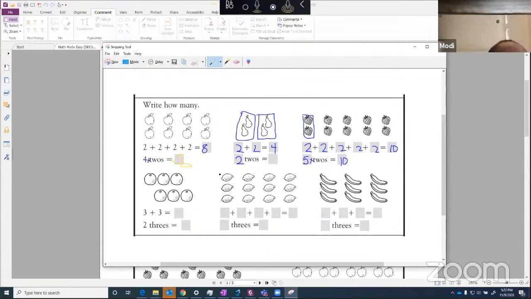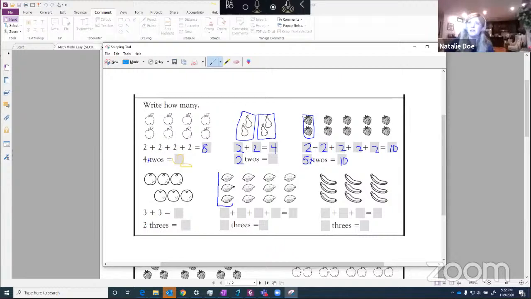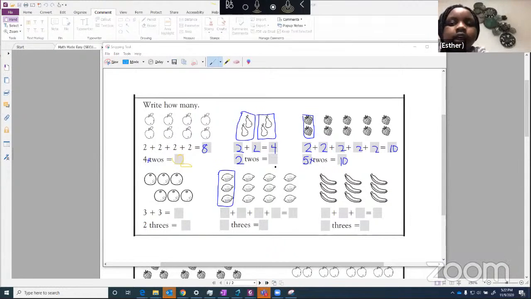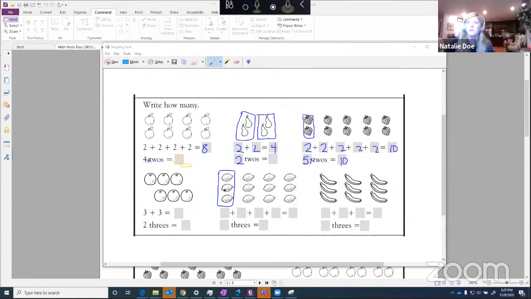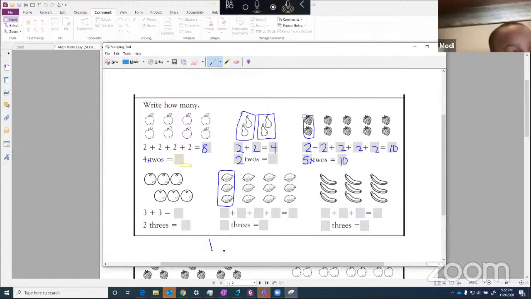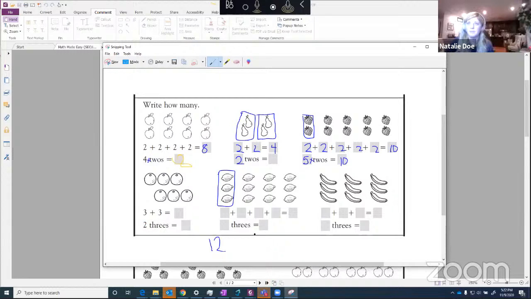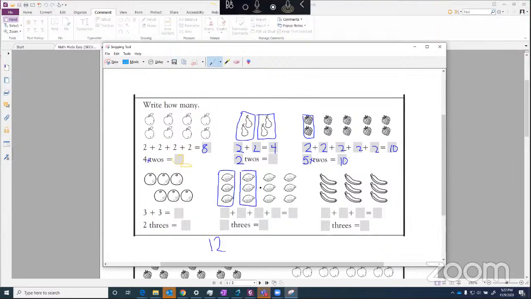Okay. So we've got these groups here. I've got 12 lemons here, right? Yes. So if I want to divide that into my groups, how many groups do I have?